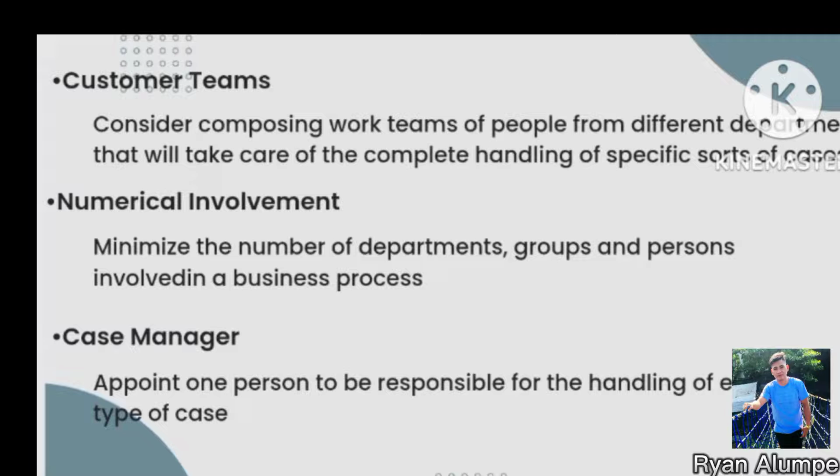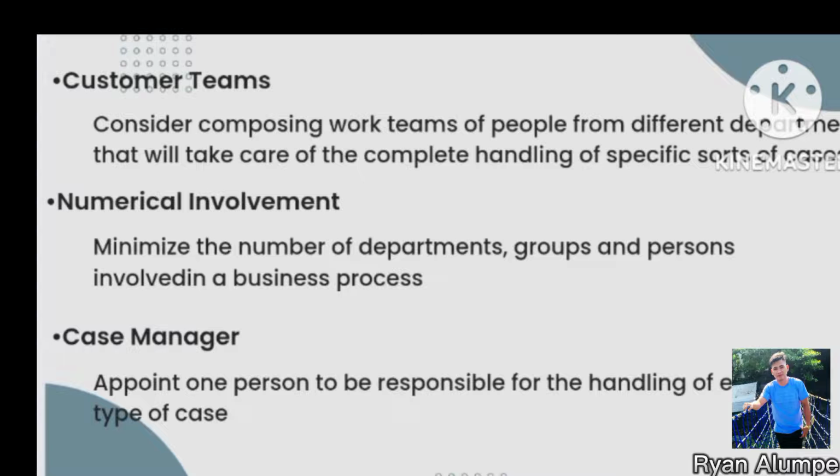Numerical involvement: minimize the number of departments, groups, and persons involved in a business process. This will lead to fewer coordination problems, which makes more time available for the processing of cases.